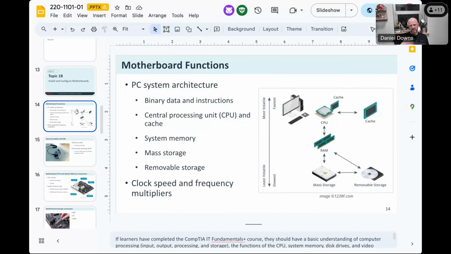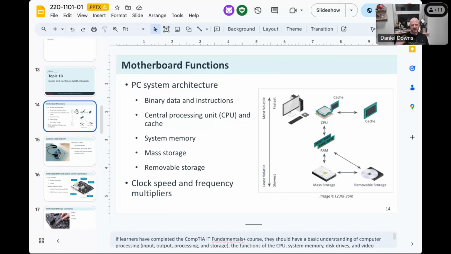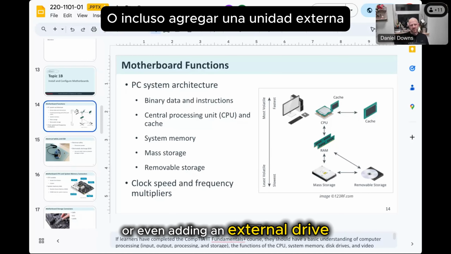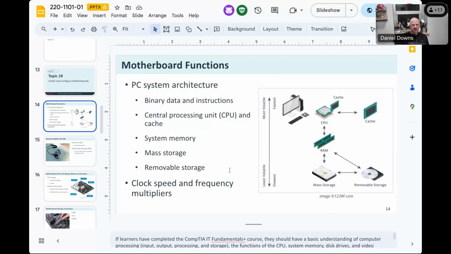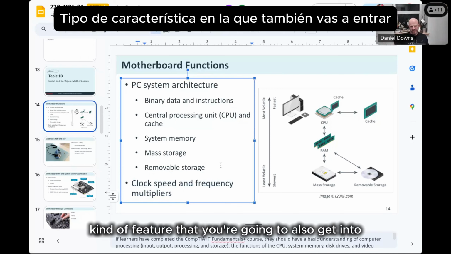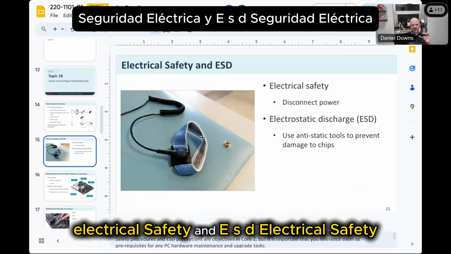RAM is the operating, volatile memory. And then there's non-volatile storage memory for storing files, and also removable storage like disk drives or even adding an external drive. Clock speed and frequency multipliers are another kind of feature that you're going to also get into with the PC architecture.